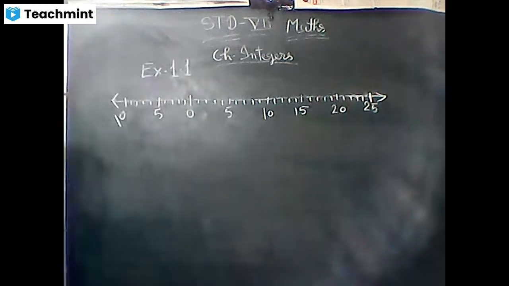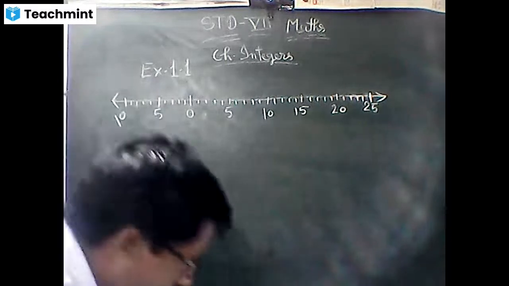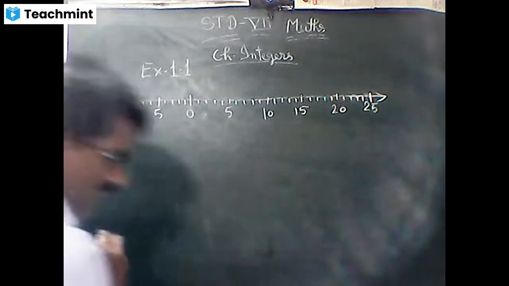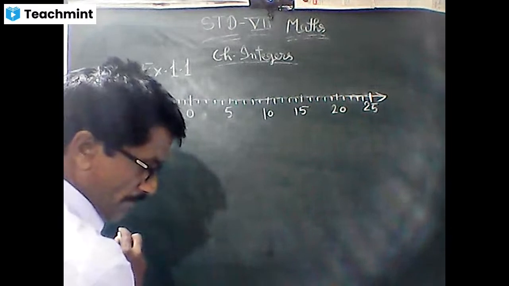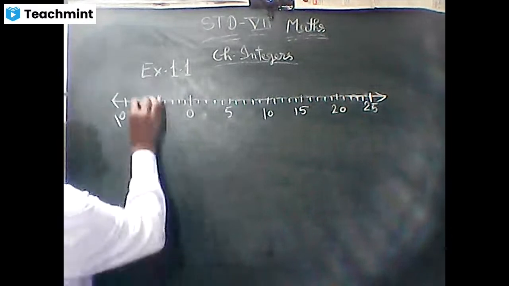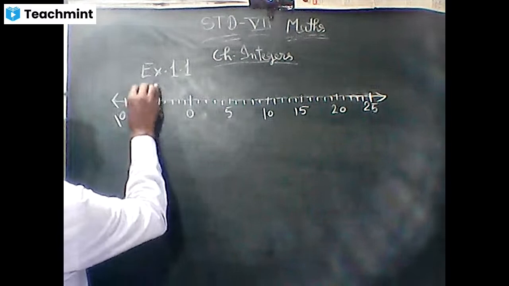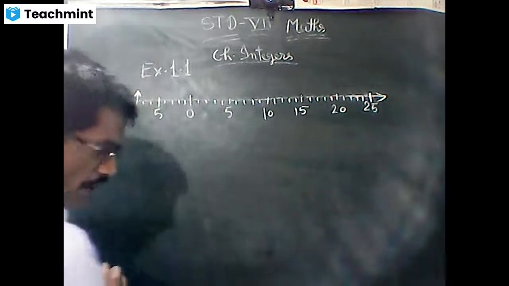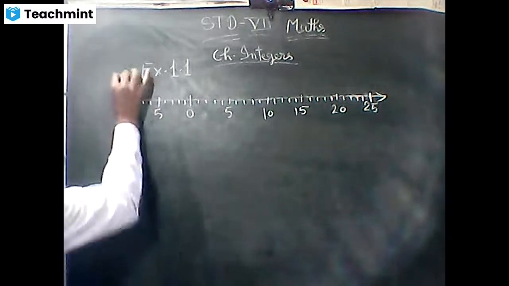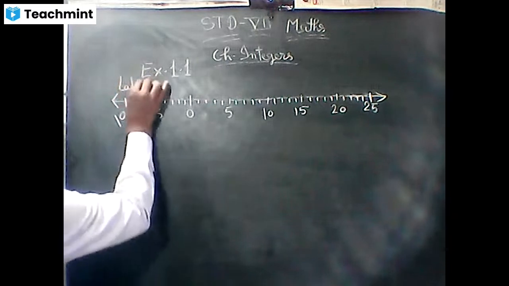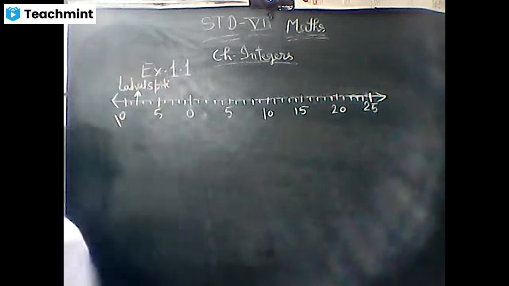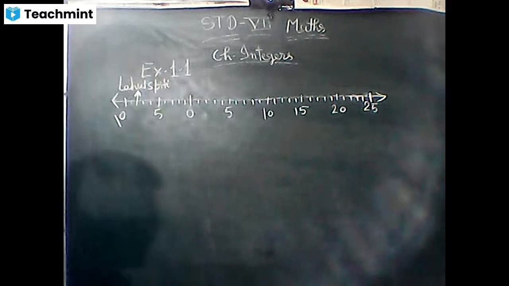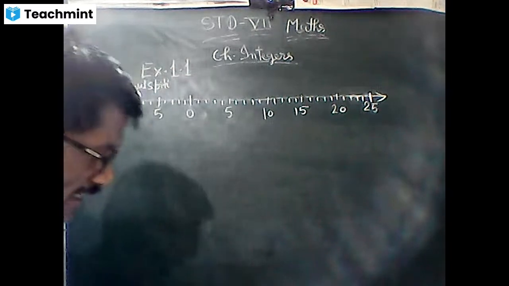Right? And here the temperature line is written with Lahul Spiti, which is a hill station.